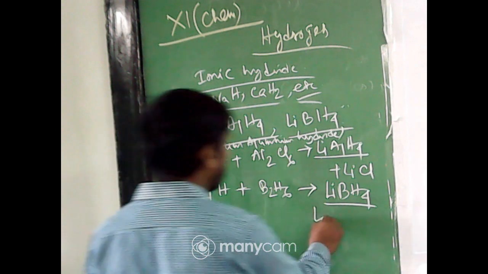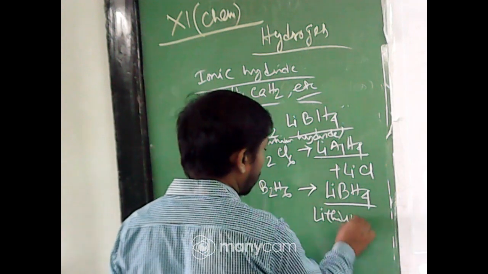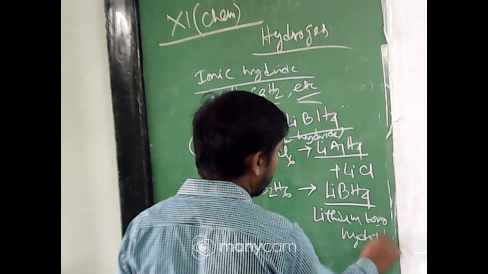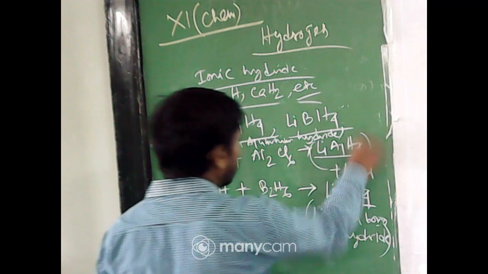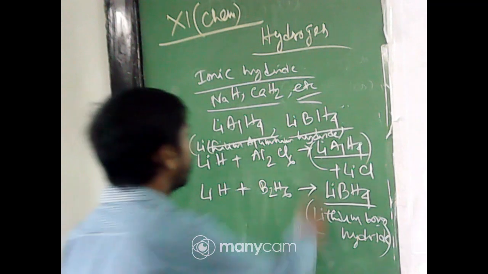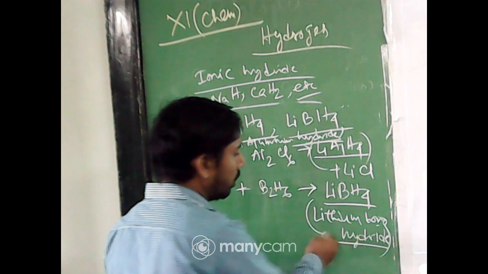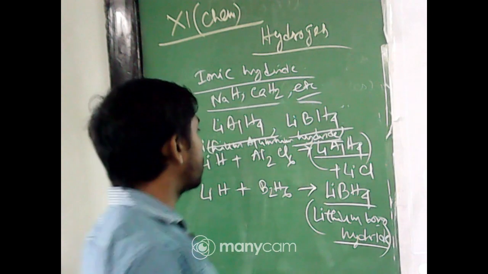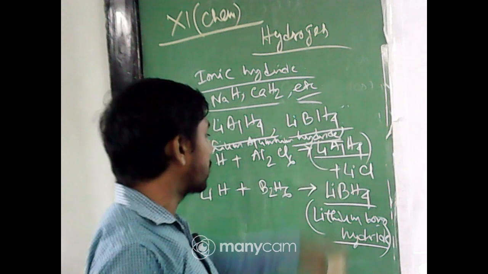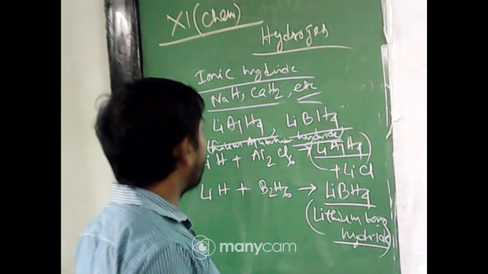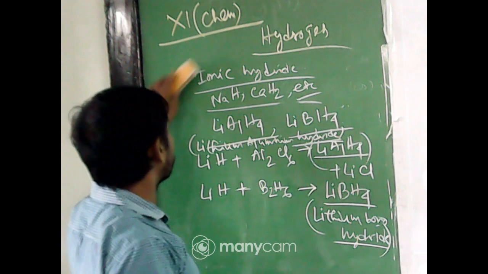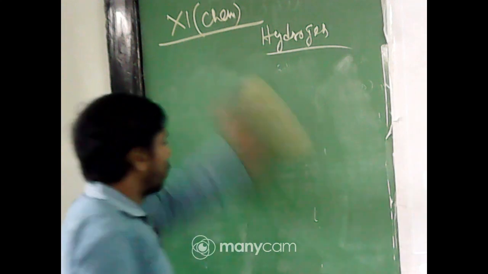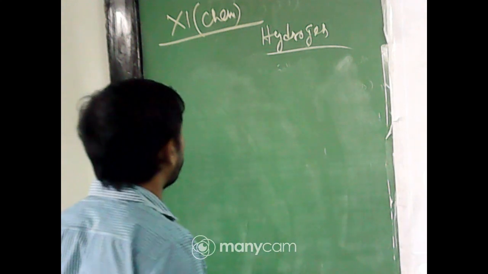Clear? These are also hydrides; just follow the last word. These are very important compounds, used as reducing agents in organic chemistry. Okay, this is about ionic hydride.